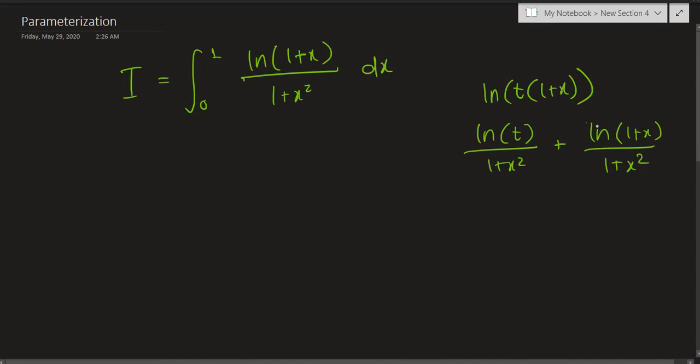And this is pretty hard to work with, because we're again obtaining our I, and this is just a natural log term, right?